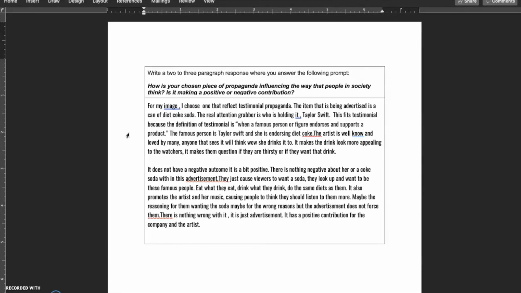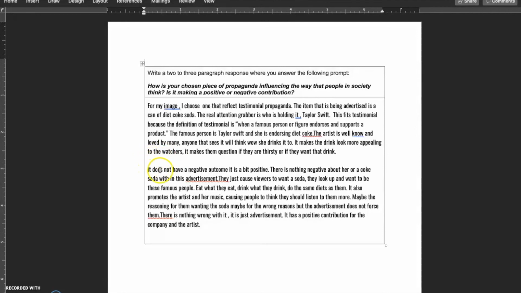The famous person is Taylor Swift, and she's endorsing the Diet Coke. The artist is well-known and loved by many. Anyone that sees it will think, wow, she drinks it too. It makes the drink look more appealing to the watchers. It makes them question if they are thirsty or if they want that drink.